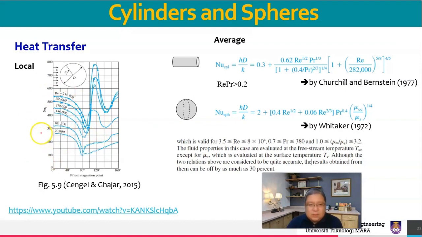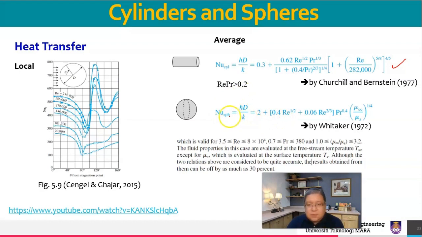We are not really interested in that, since we are not using the local Nusselt number. We are more interested in the average value, whereby we have this kind of very complex equation, but I would say it is much more accurate compared with the estimated formula, because we have another type of formula I will show you after this.